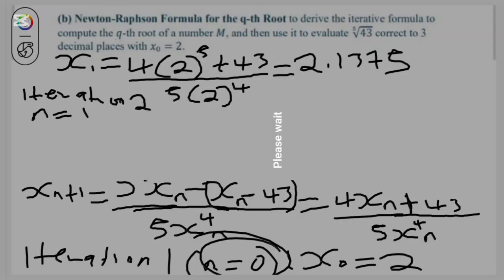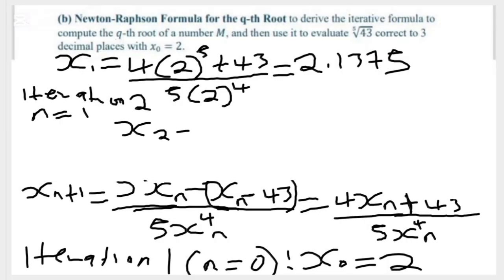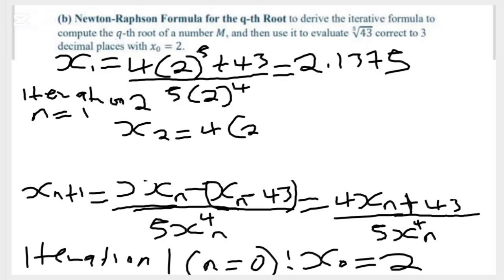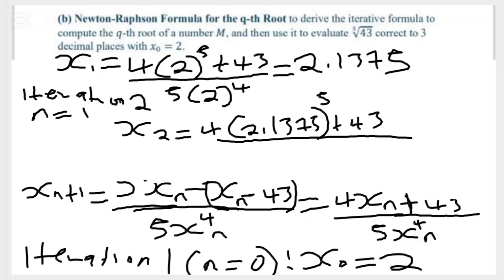So I will now say x2 is the same thing as 4 multiplied by 2.1375 to the power of 5, plus 43 divided by 5 multiplied by 2.1375 to the power of 4. So let me see what I am going to get.